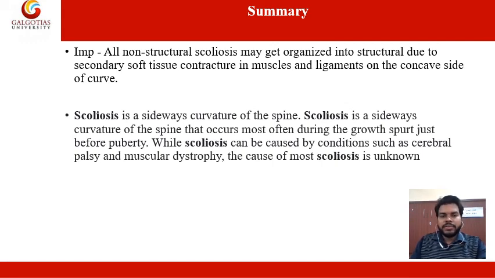Scoliosis is a sideways curvature of the spine that occurs most often during the growth spurt just before puberty. So it develops just before the puberty, while scoliosis can be caused by conditions such as cerebral palsy and muscular dystrophy. The cause of most scoliosis is unknown.